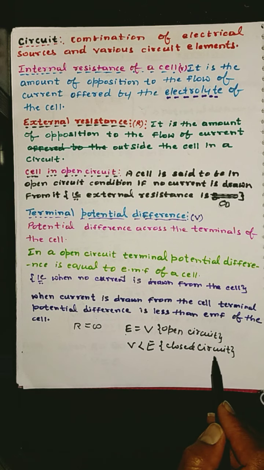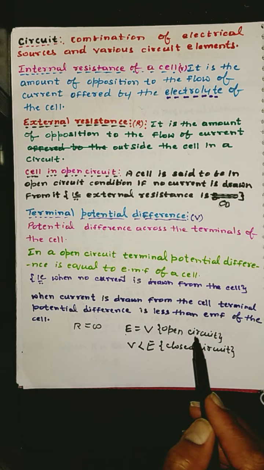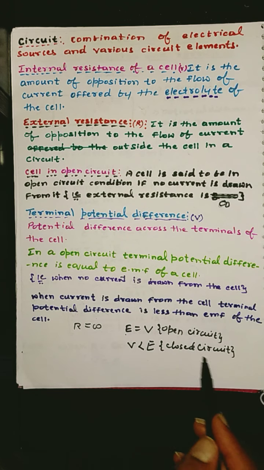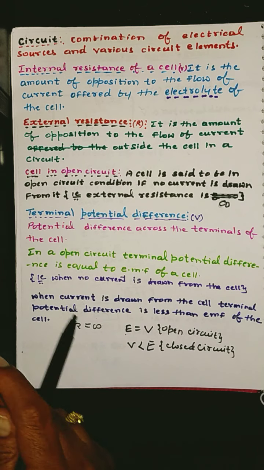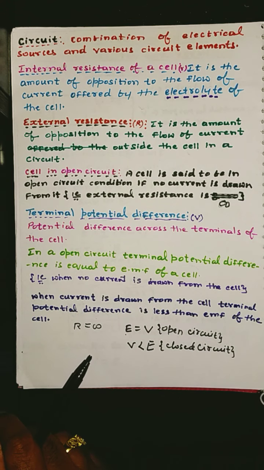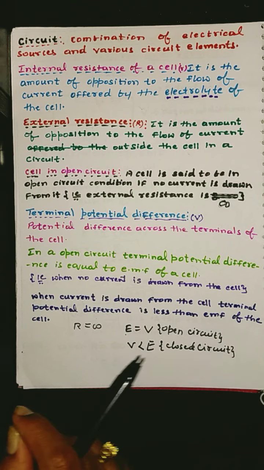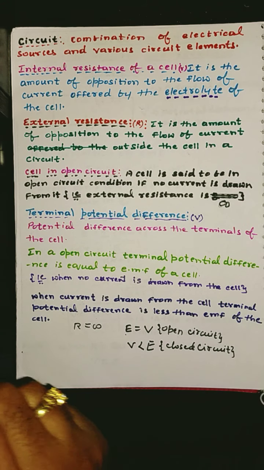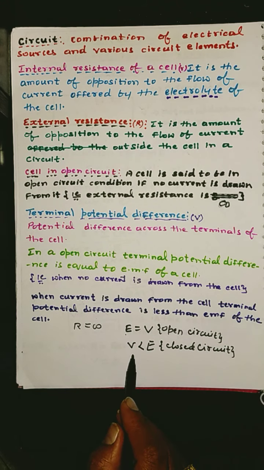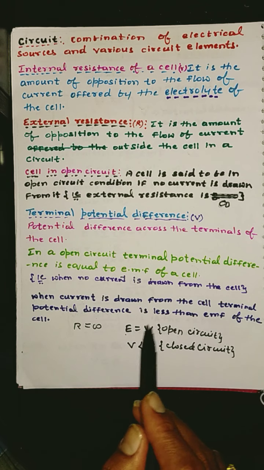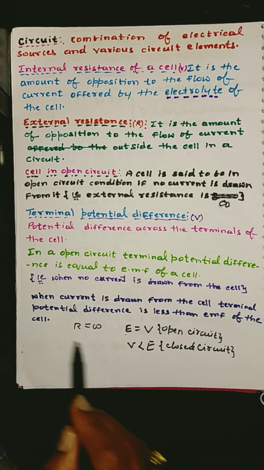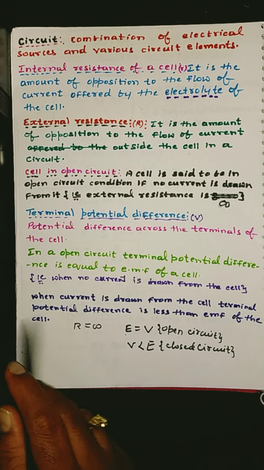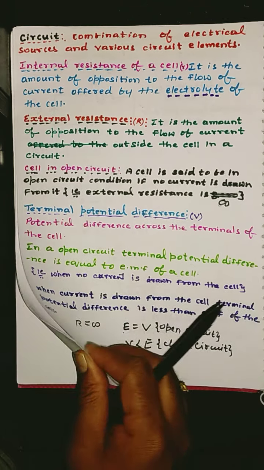In closed circuit condition, that is when capital R, the external resistance, is finite, terminal potential difference will be less than EMF, because the work done in case of EMF involves both external resistance and internal resistance, whereas terminal potential difference involves only the work done against the external resistance. Hence, terminal potential difference will be less than EMF of the cell.